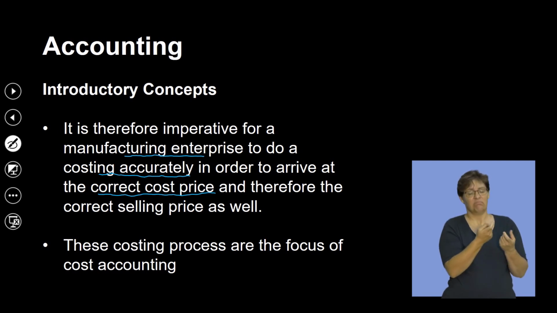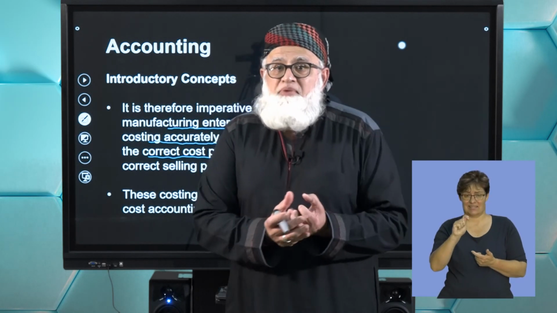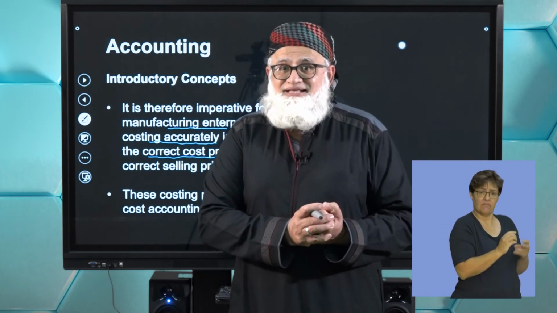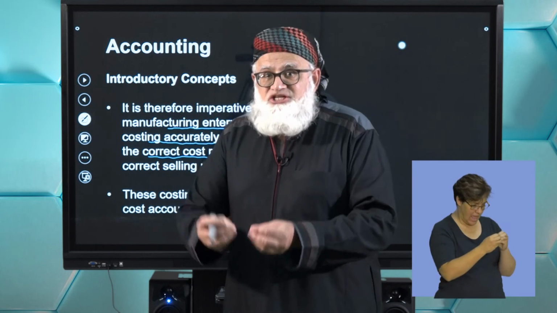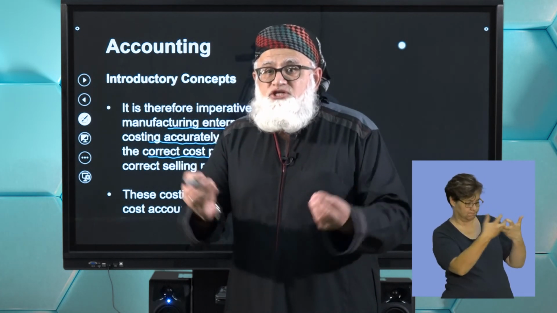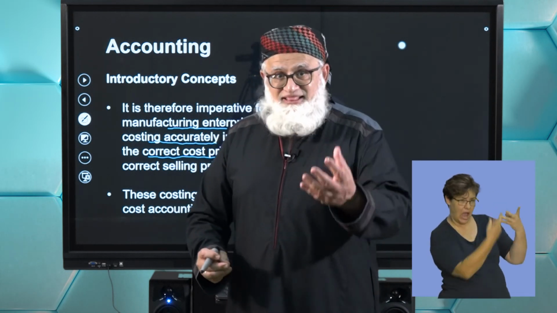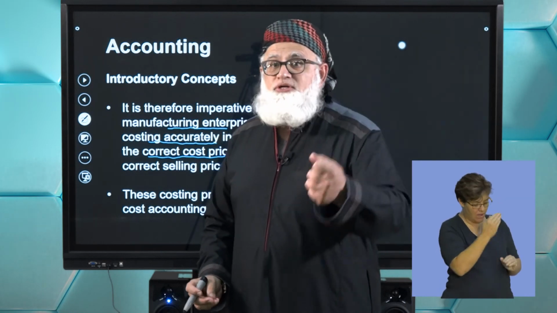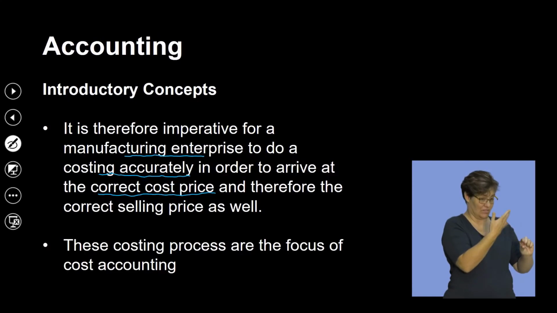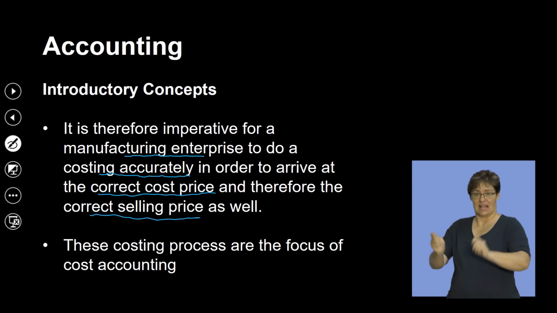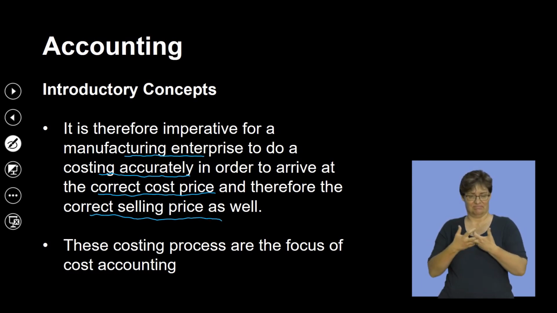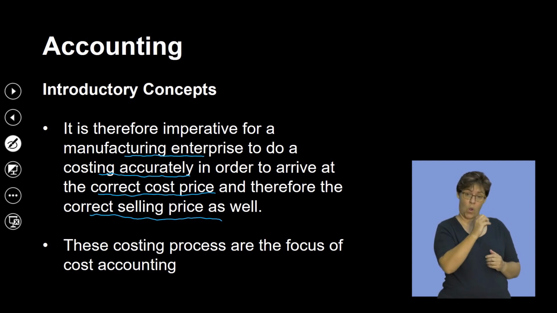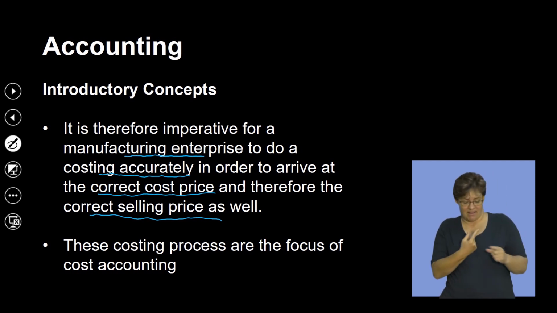Because you are manufacturing the product, that means you're making the product and attaching a cost price to each of its components. And thereafter you're going to sell that product. So this would then determine the correct selling price as well. It's only once you determine the cost price can you then work out the correct selling price.